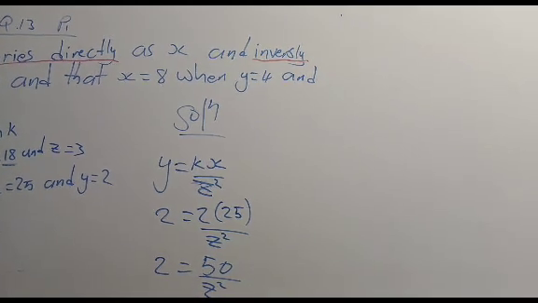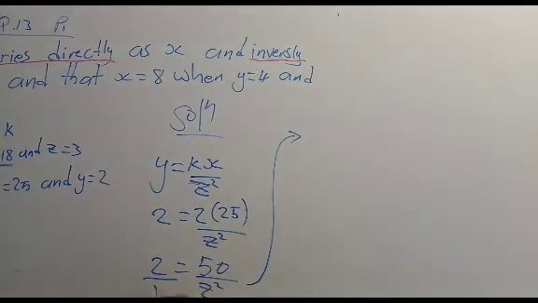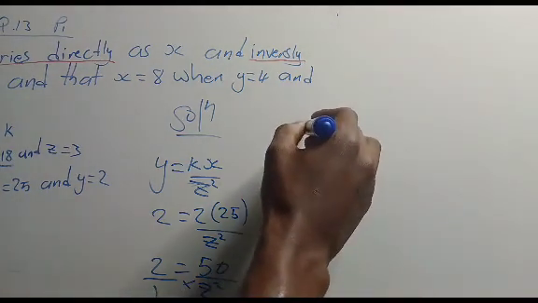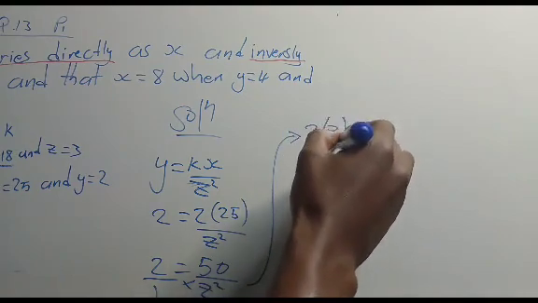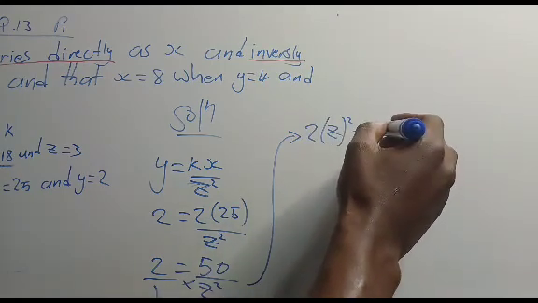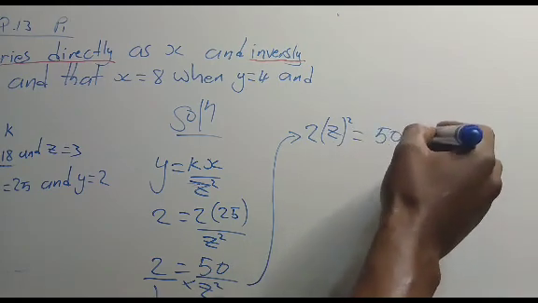Now when you get z squared here, you divide also here so that you do cross multiplication. So it will be 2 times z squared is equal to 50 times 1.